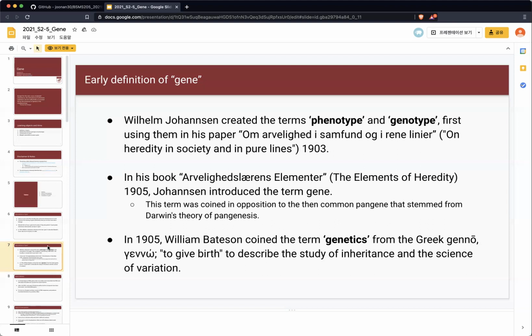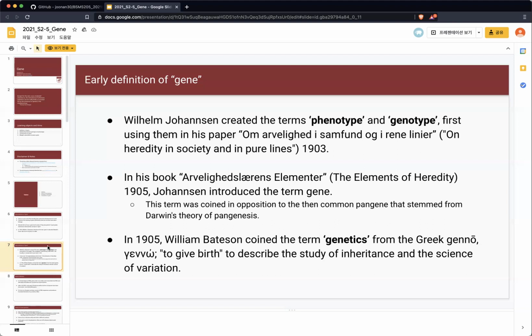They tried to argue that the Mendelian factors were correct for inheritance, and had to be appreciated rather than Darwin's proposal about pangenes and pangenesis. So that is one notion of why the terminology at the time was called gene, right?